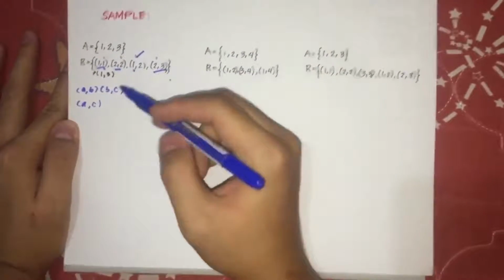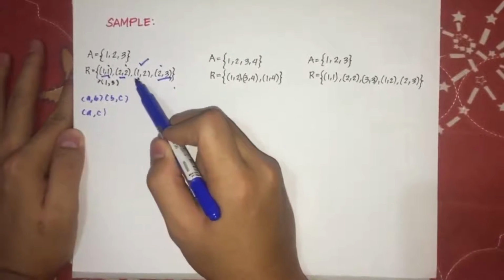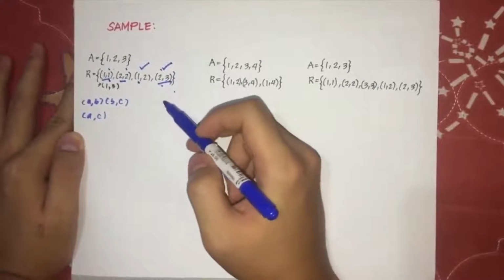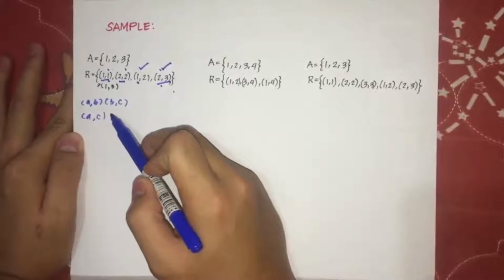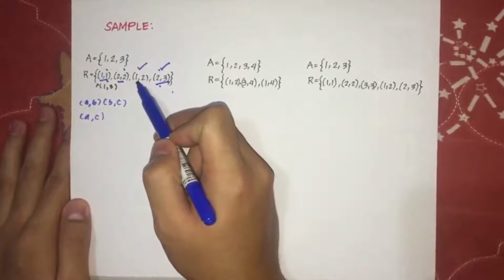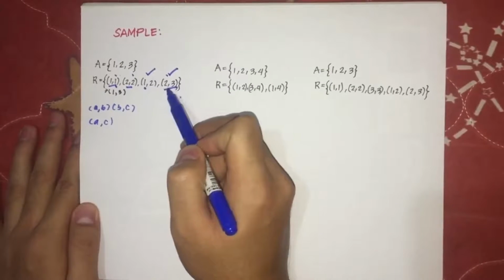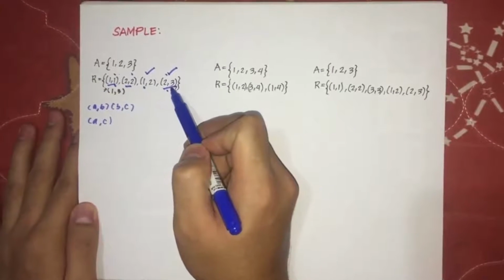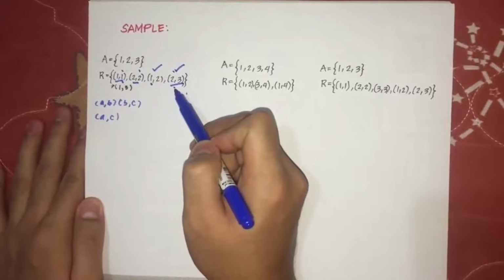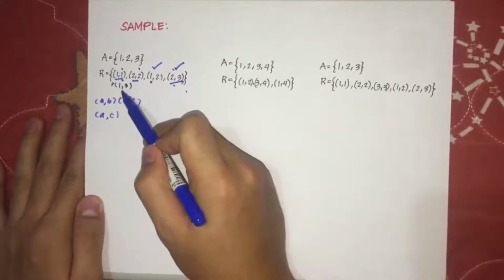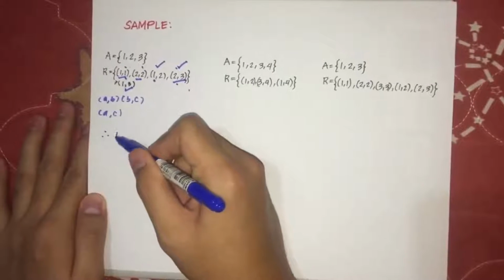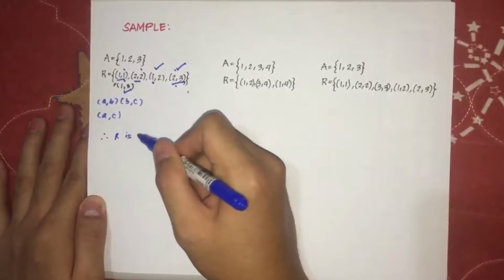Do we have an ordered pair which contains (2, 3)? Yes, we do. There it is. So the transitive relation is satisfied. Next, we move on. (1, 2). So here's (2, 3), and that is another pair of (A, B) and (B, C). So there should be (1, 3), and there it is. So we could say, therefore, R is transitive.